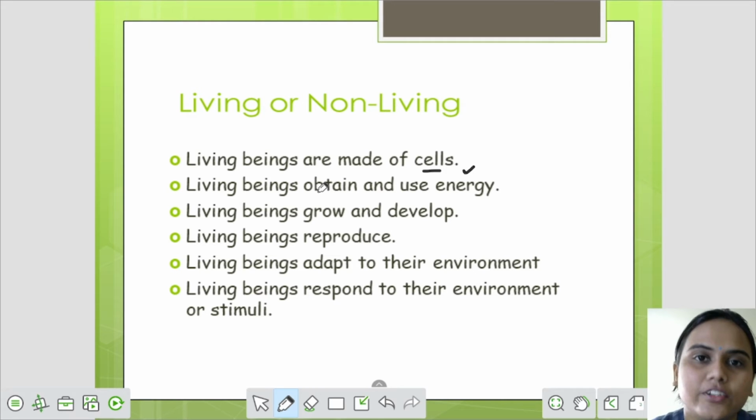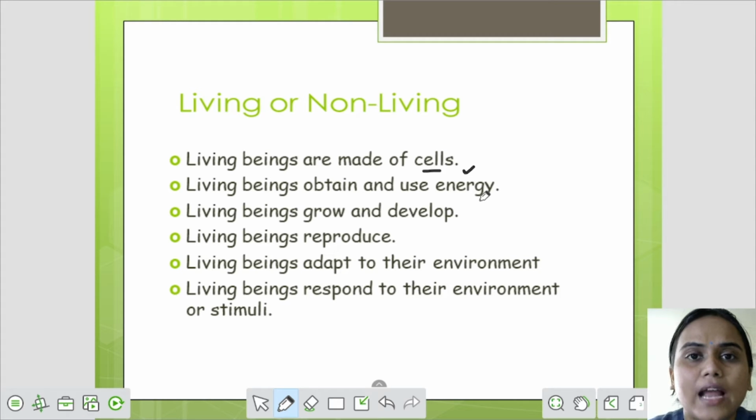That is its energy. In the same way, we need food to survive, like we eat sandwiches, chapati, vegetables, and moreover pizza and burgers these days. All these things provide us energy to survive. That is why we call ourselves living beings.